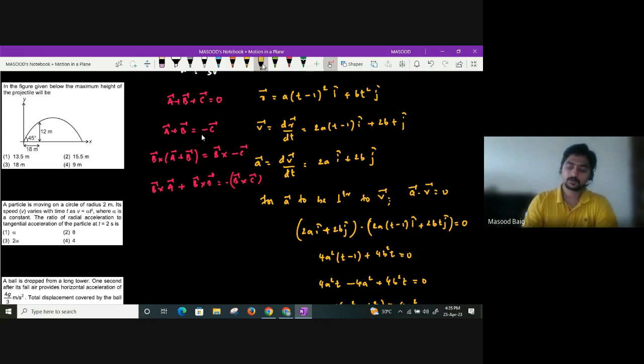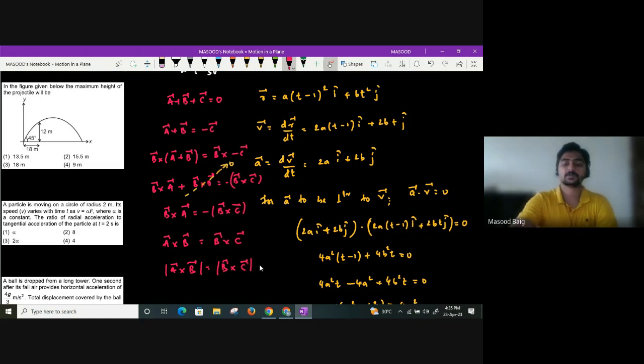So what is b bar cross b bar? You cannot do cross product of two vectors which are in same direction. So I'll get b bar cross a bar will be equal to minus of b bar cross c bar. Or I can write a bar cross b bar, if I send it on the other side, we'll get b bar cross c bar. So automatically magnitude of a cross b will be equal to magnitude of b cross c. First one is correct statement, guys, and the directions will also be equal anyhow.